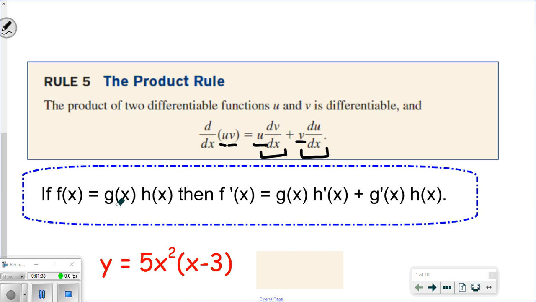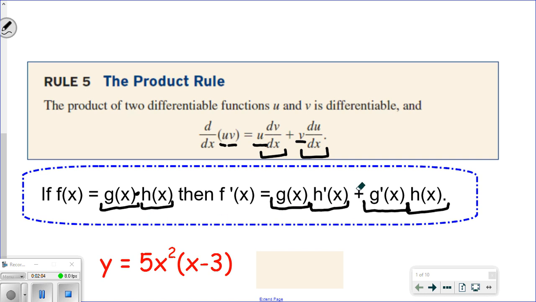Or in another way, if we have two functions being multiplied together to give you another function, the functions are g of x and h of x. In order to find the derivative of that, we would keep the first function the same, find the derivative of the second function, then find the derivative of the first function, and keep the second function the same.